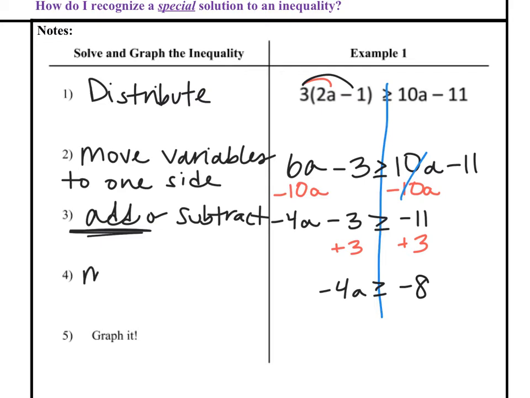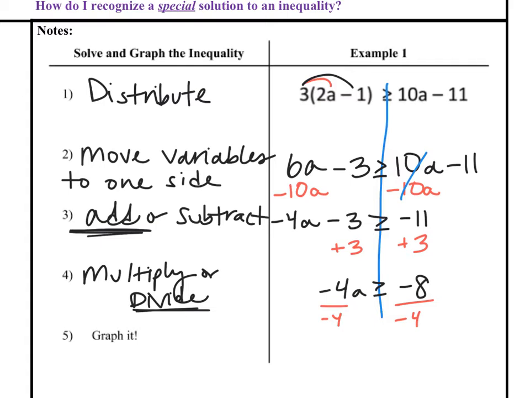Last step, M, which stands for multiply or divide. And we are going to divide by -4. I see some of you who, when you see something like -4a, you are adding 4.